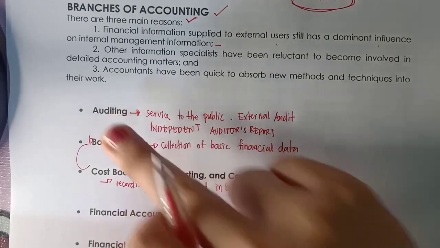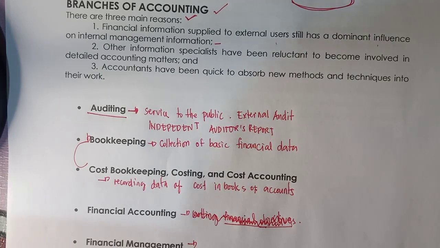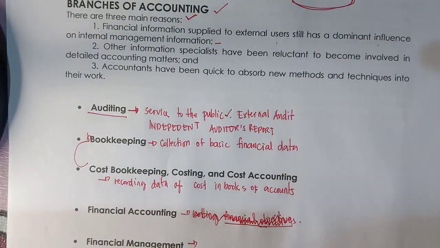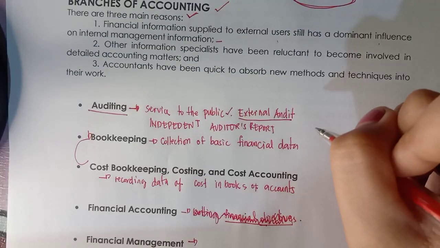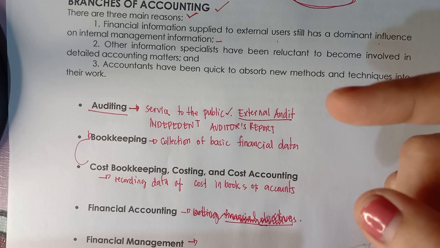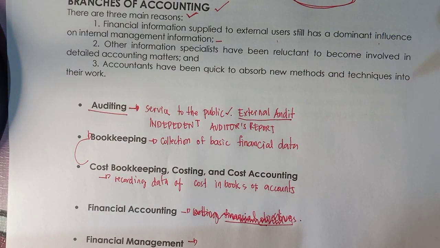What is the first branch? Auditing. When we say auditing, it is considered a service to the public. And when there is a service to the public, there is also an external audit, which is an independent examination. What do external auditors examine?